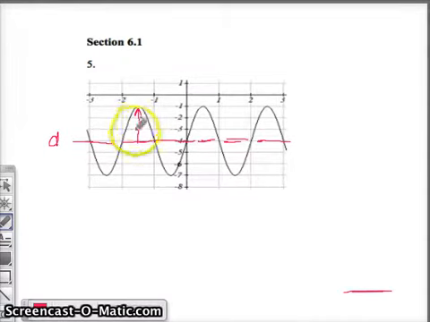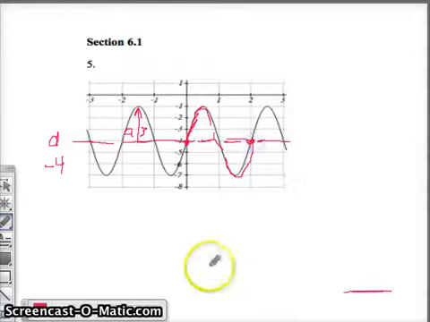That's the A. It's going up and down 3. Now this D looks like -4. That's 3. What else we need to do? We need to notice that this is starting off at the 0 mark. This looks a lot like a sine curve. So that's one whole cycle.